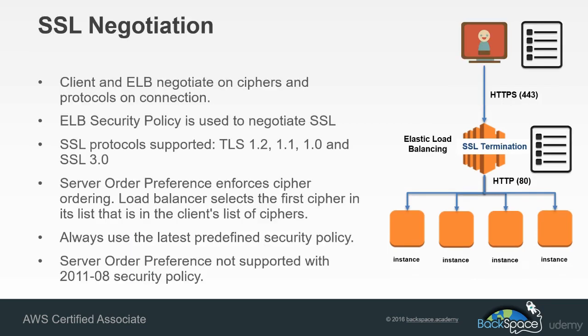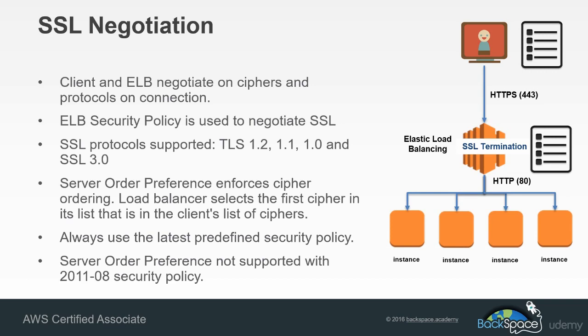So another thing that you need to understand is SSL negotiation. When a client connects up with your Elastic Load Balancer, they need to negotiate on which cipher and protocol to use in that connection. The ciphers and protocols will be defined in the ELB security policy.